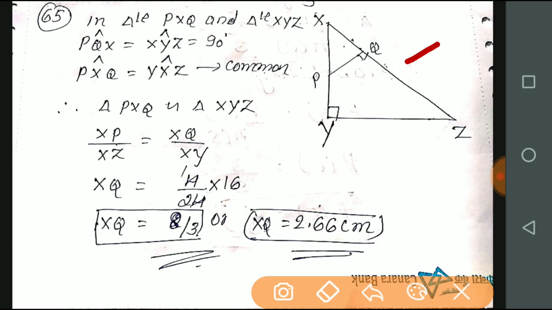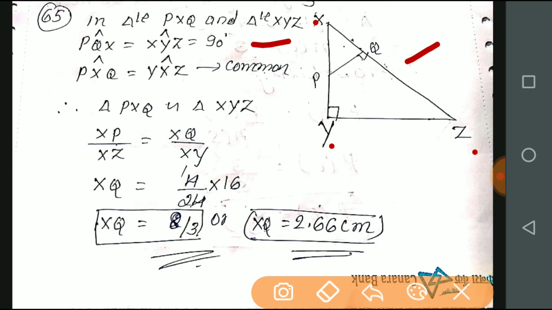In the triangle XYZ, angle Y is equal to 90 degrees and angle Q is equal to 90 degrees. Now let us consider two triangles, triangle PXQ and triangle XYZ. Angle PQX is equal to angle XYZ, that is equal to 90 degrees.